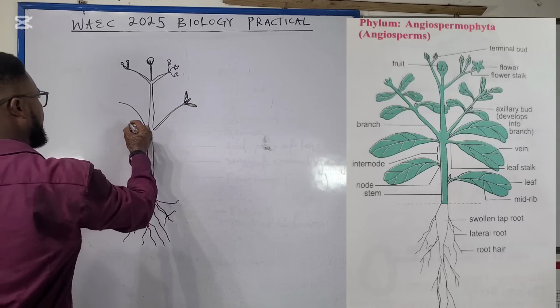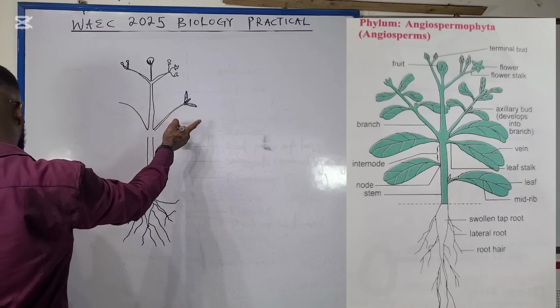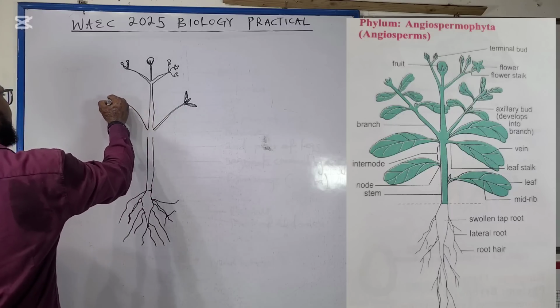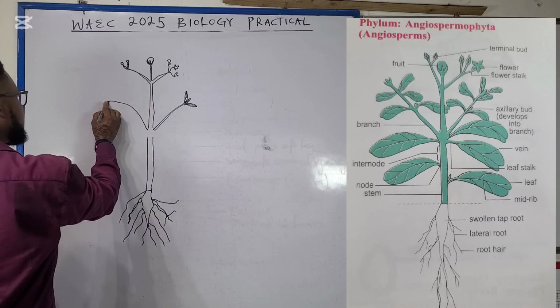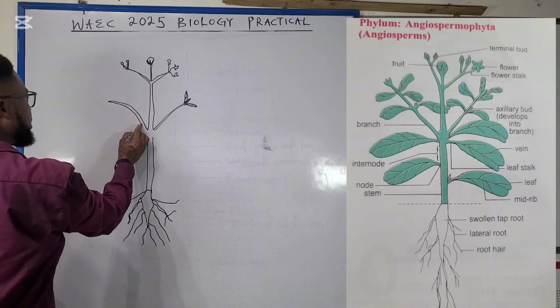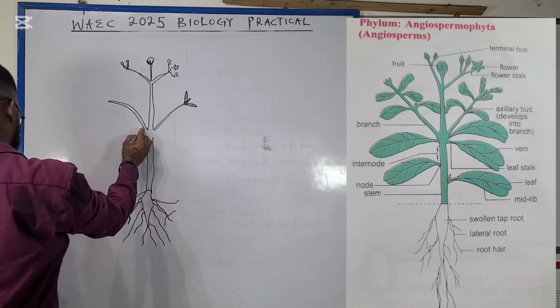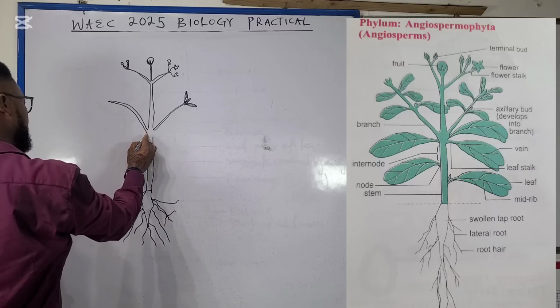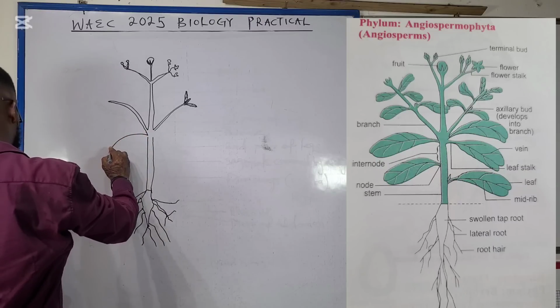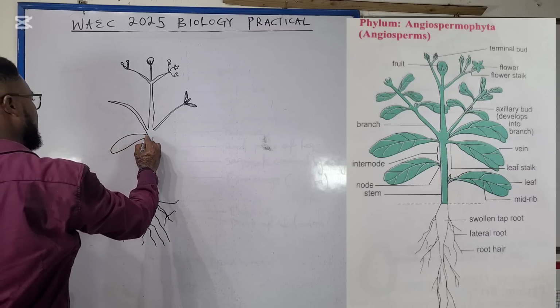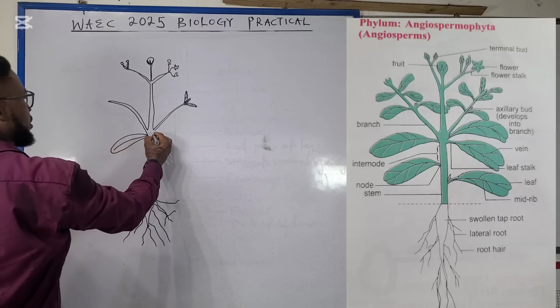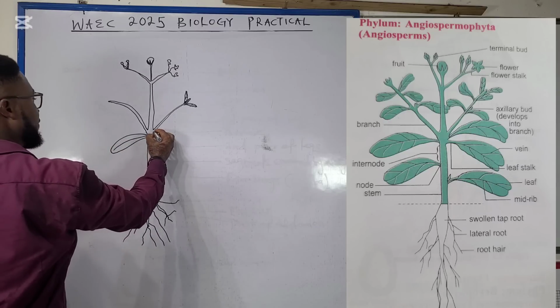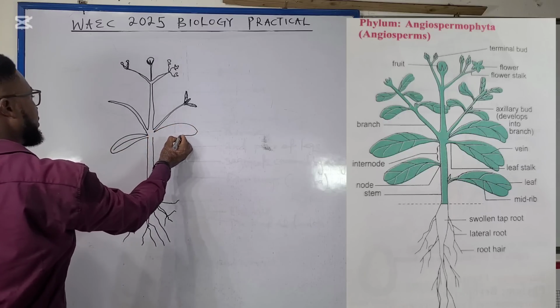And then on this side, we're going to repeat exactly what we have here, make it look slender. And then at this point, we're going to have our leaf here. At this point, we could have one leaf.